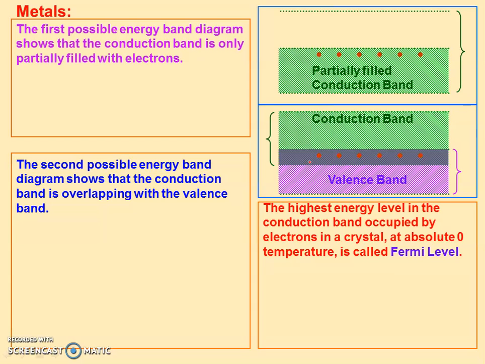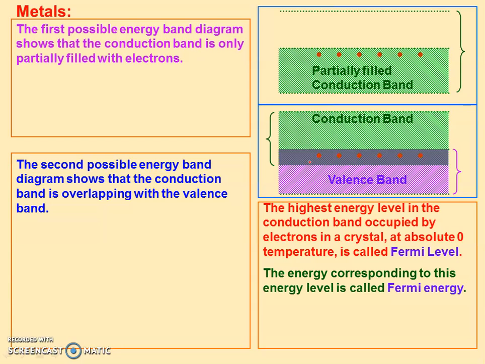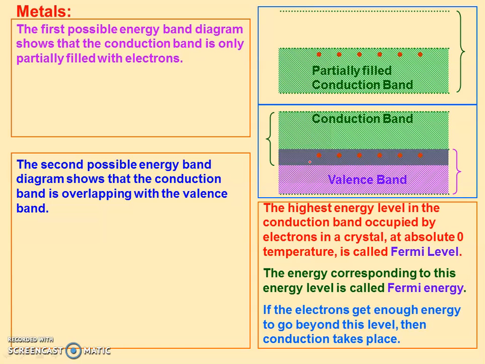The highest energy level in the conduction band occupied by the electron in a crystal at absolute zero temperature is called Fermi level, right? The energy corresponding to this energy level is called Fermi energy. If the electrons get enough energy to go beyond this level, then the conduction takes place, right?